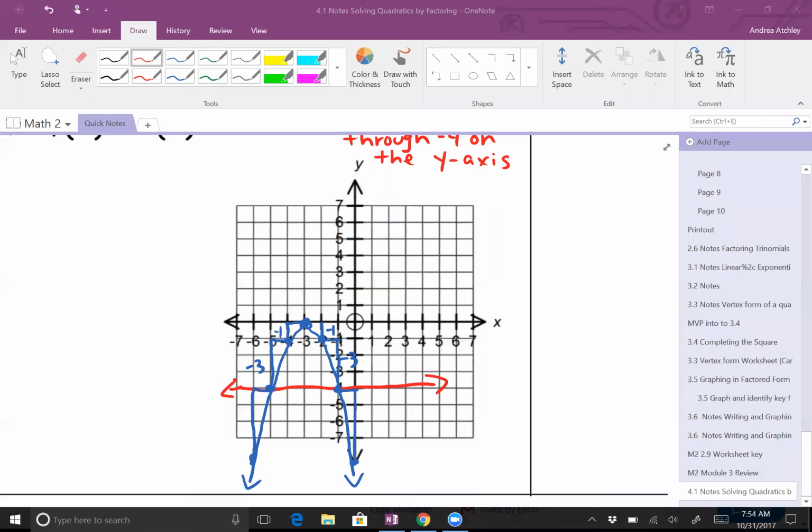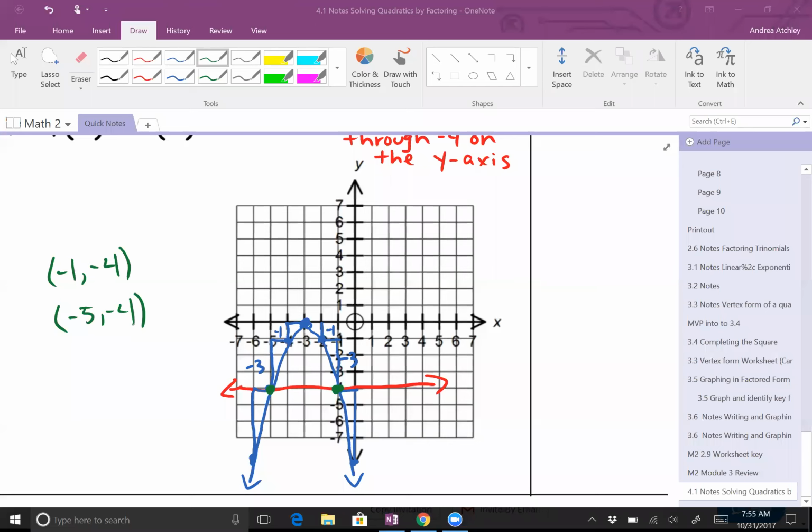Okay, we just want to find where those two graphs intersect. So Anthony said he saw it right here. So one of the intersections is at negative 1 for x and negative 4 for y. There's also another one, and it's at negative 5 and negative 4.